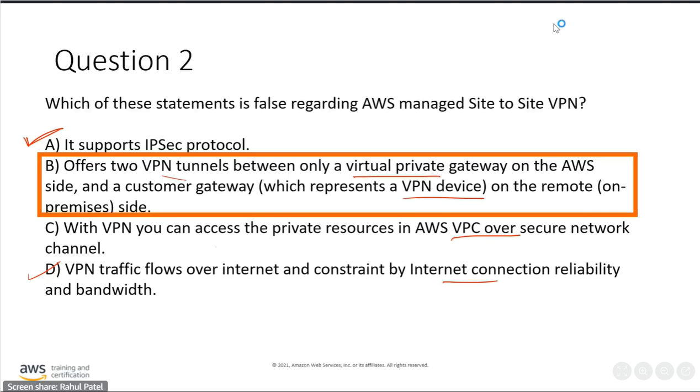So this is also true. VPN traffic flows over the internet and is constrained by internet connection reliability and bandwidth. This is true as well. Offers two VPN tunnels between only a virtual private gateway on the AWS side and a customer gateway on the remote on-premises side.